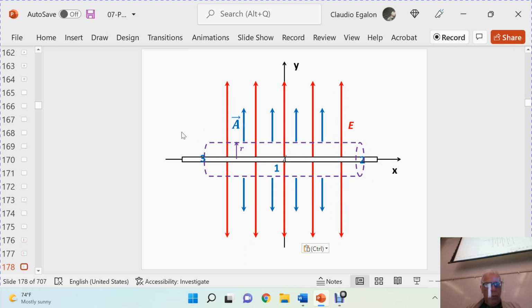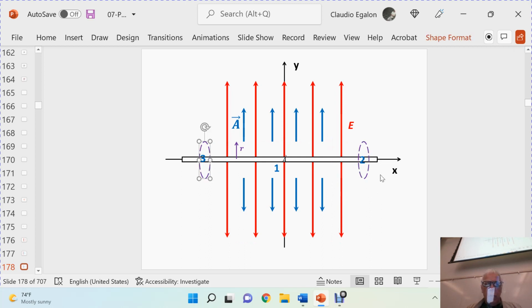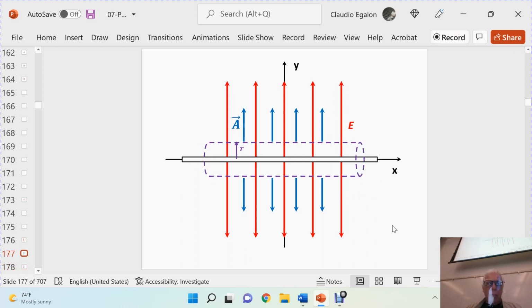I'm going to preserve this little circle that you see there because I'm going to need it. I already have a circle on the right side, so let's use this circle here on the left side.